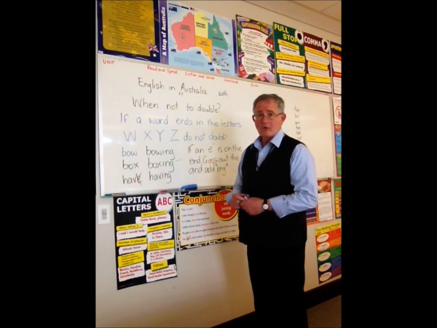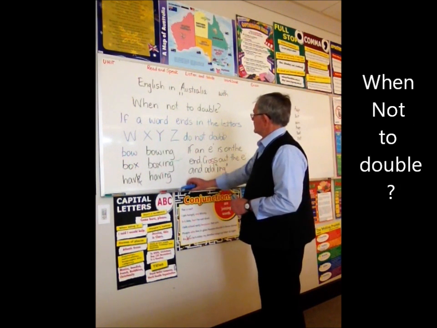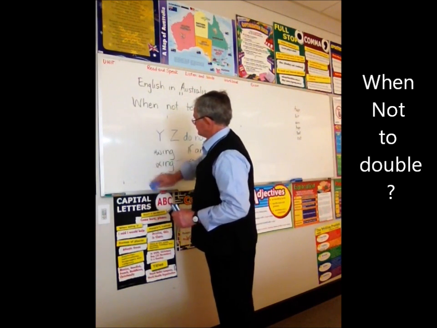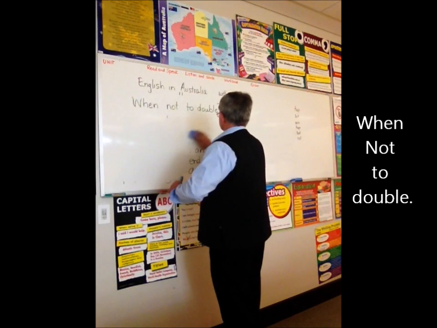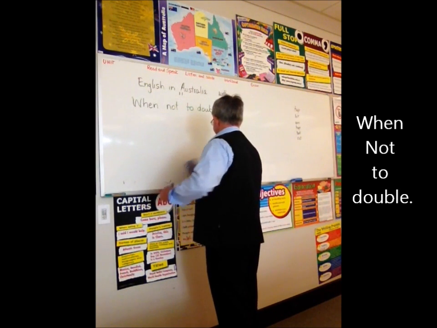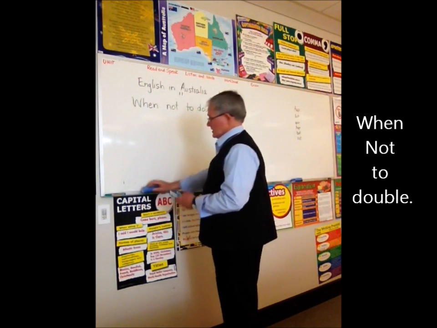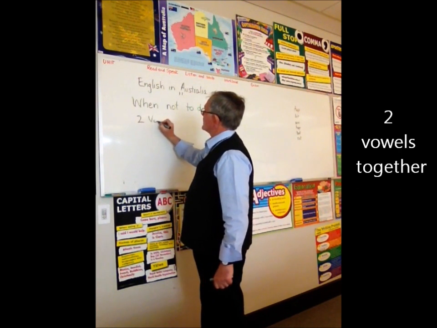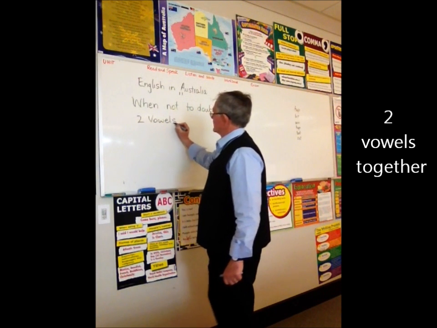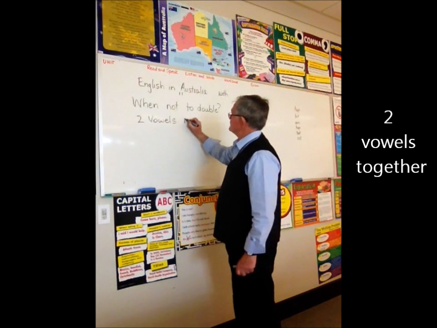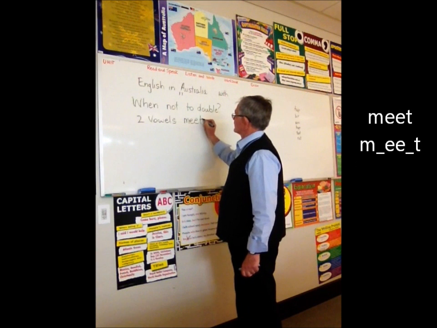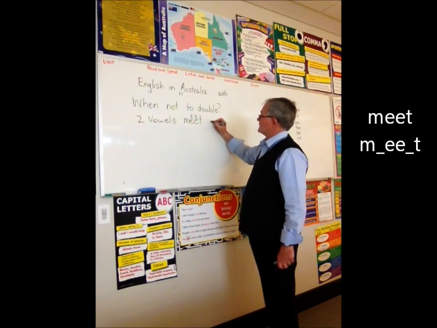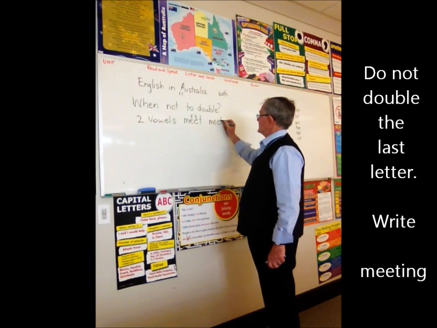Now, there are more forms for this. There are other things when not to double. If there are two vowels, such as meat, vowel, vowel, here we don't double the last, we would write meeting.